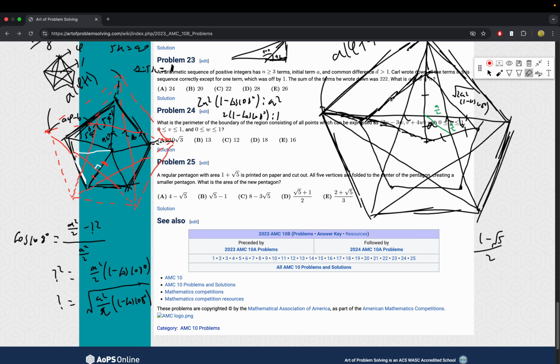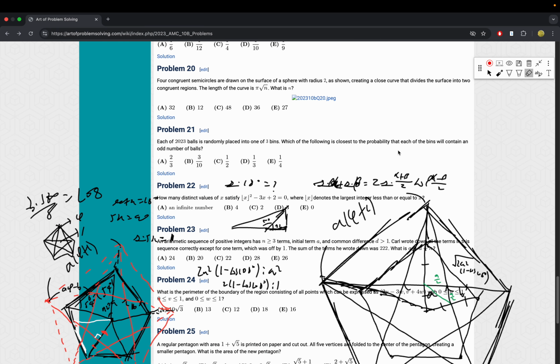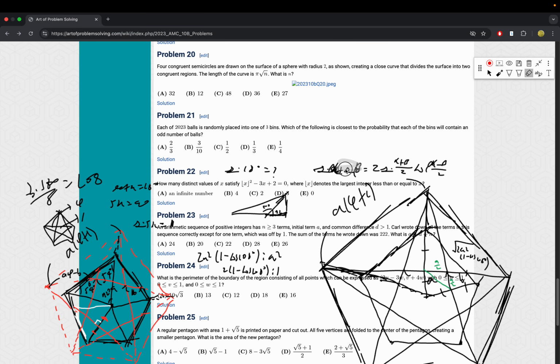I had more space on the top. I cannot believe that. Okay. So we have sine alpha plus beta equals sine alpha cosine beta plus sine beta cosine alpha.